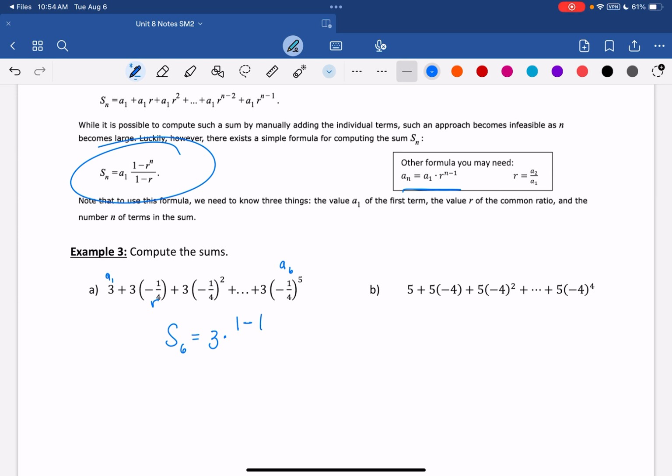So R is negative 1/4. Our n value is 6. We're dividing that by 1 minus R. Then we simplify all that, throw it in our calculator, use lots of parentheses when you put it in your calculator, and we end up with 2457 over 1024.